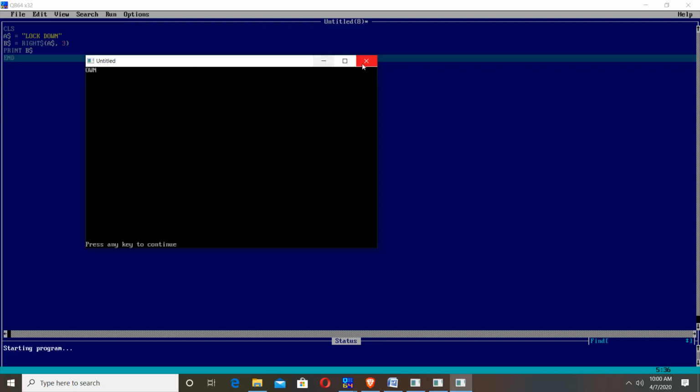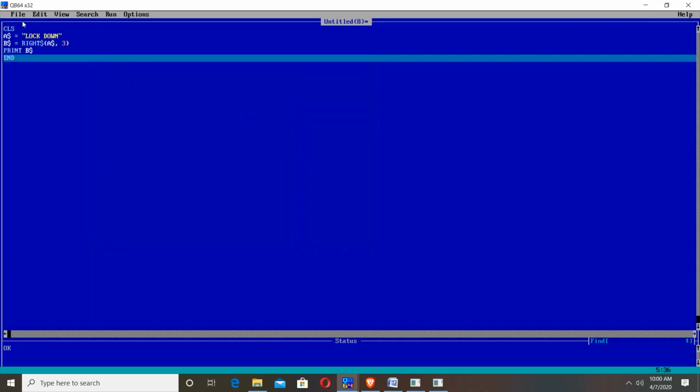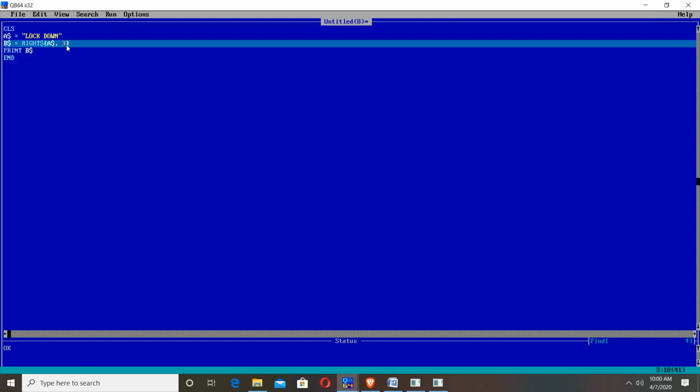Similarly, we can use the LEFT$ function. Suppose if you write here, let's say 2, in place of 3, now what do you get? Just count 2 characters from the right hand side, and while writing, write them in exact form, that means not in reverse order.